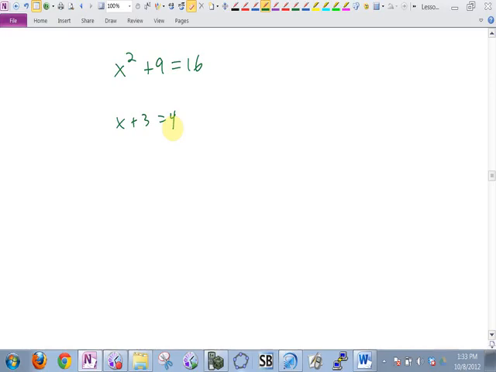Not allowed to do that, right? Essentially, I just did the square root of x squared plus 9, and I called that x plus 3. Does the square root of x squared plus 9 simplify? No. Do we have an exponent rule or a radical rule that lets me distribute exponents over addition or radicals over addition? No.